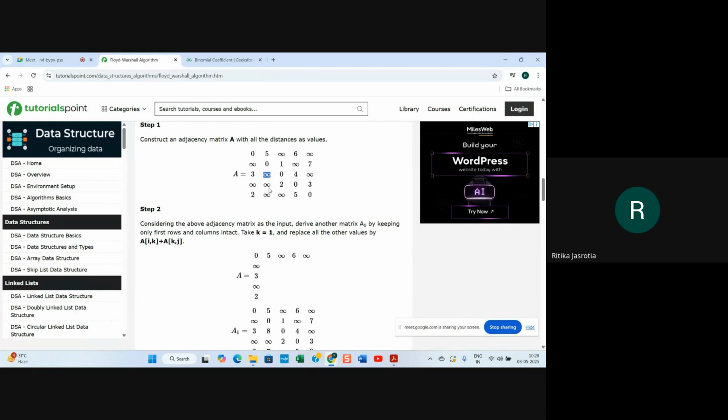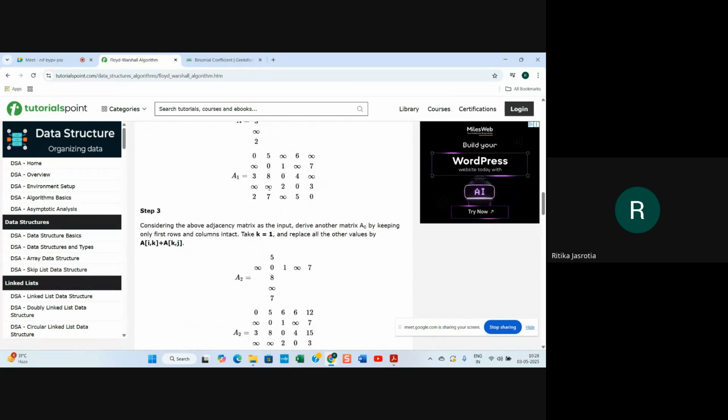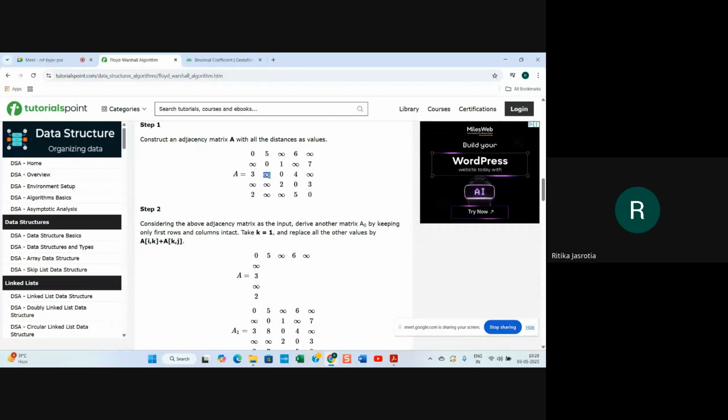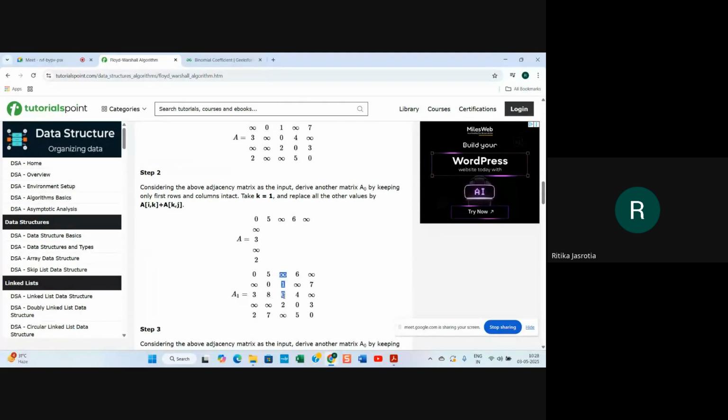Infinity plus 1 will be what? 2, 1 is this one only, which is infinity, and 1, 2 is this one, which is 1. Infinity plus 1, I think here it should be 1.